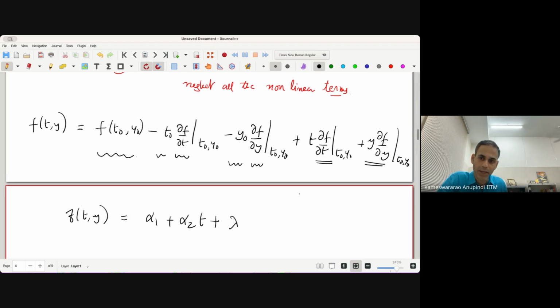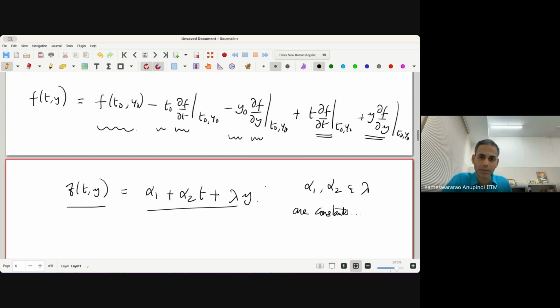Let me call that constant lambda, and I write lambda times y. So I can simplify the right hand side of the model equation to alpha 1 plus alpha 2 t plus lambda y, where alpha 1, alpha 2 and lambda are constants. This is the model equation I want to work with.